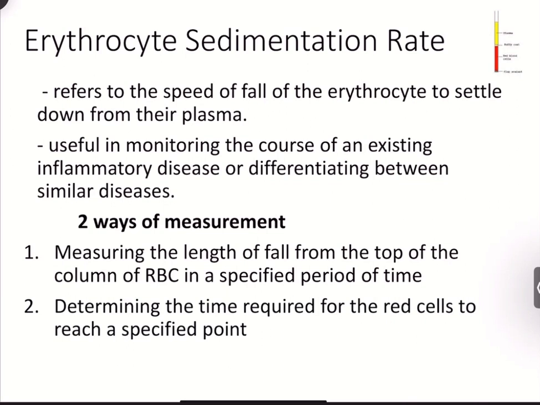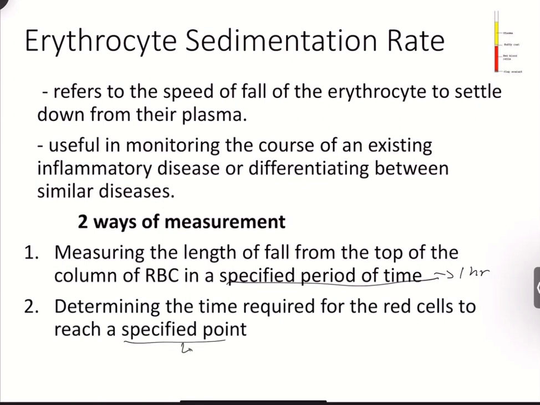Okay, there are two ways in measuring your erythrocyte sedimentation rate. First, we use a specific length of tube within a specified period of time. Usually, this specified period of time is 1 hour. Or, the other way determines the time required for the RBC to reach a specific point.